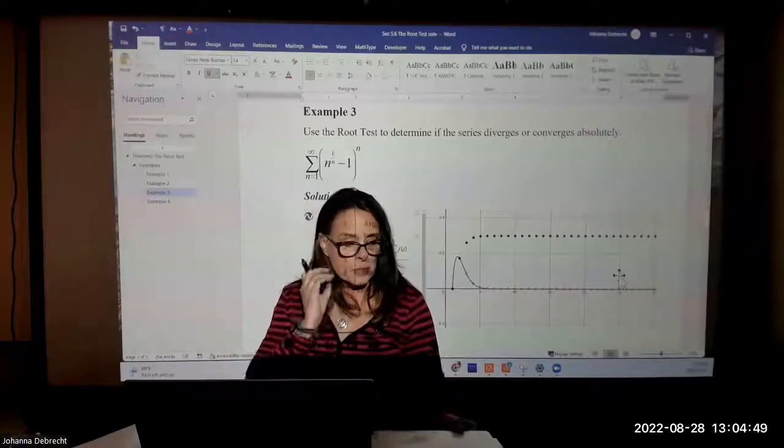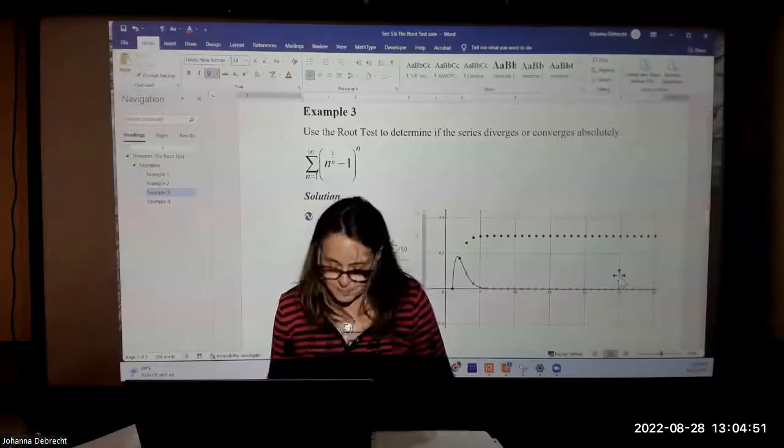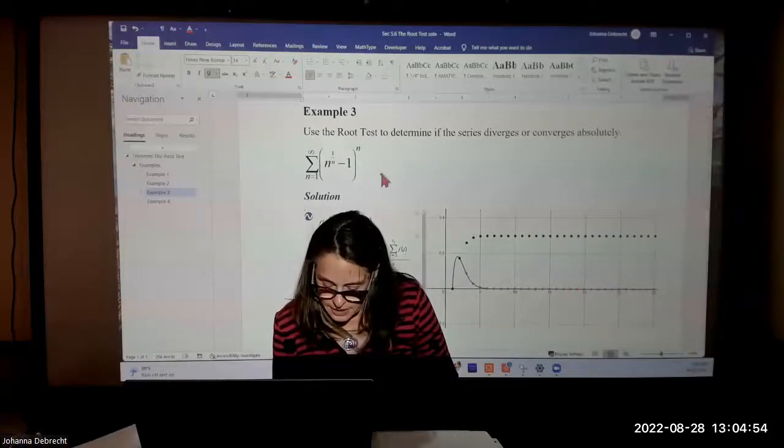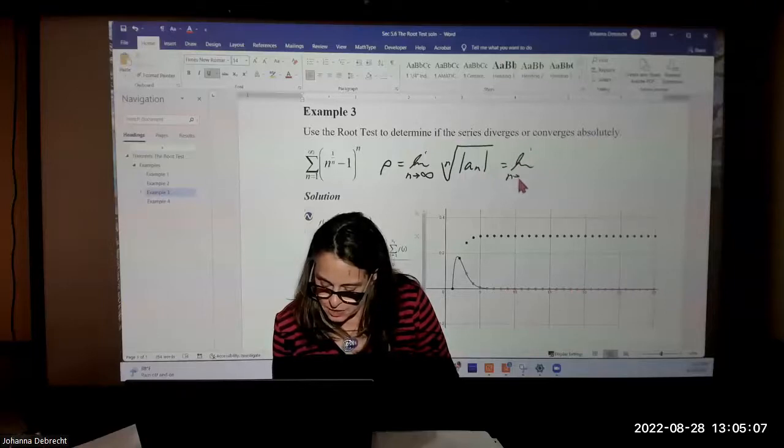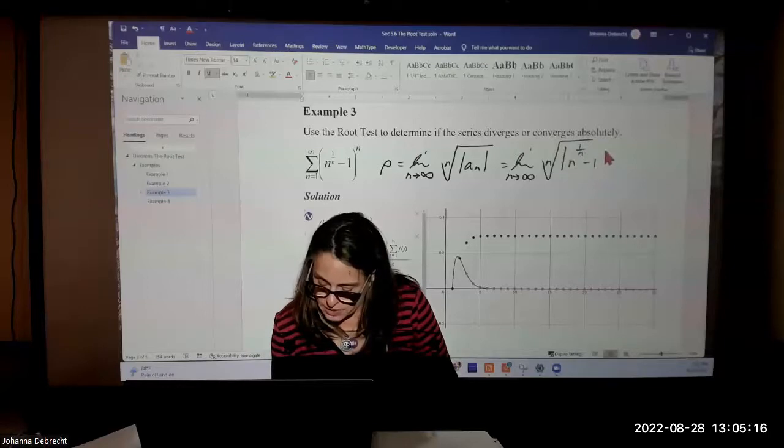So when I apply the root test on this particular problem, I get rho equals the limit as n goes to infinity of the nth root of the absolute value of a sub n, which gives me the limit as n goes to infinity of the nth root of the absolute value of n to the 1 over n power minus 1, raised to the nth power in absolute values.